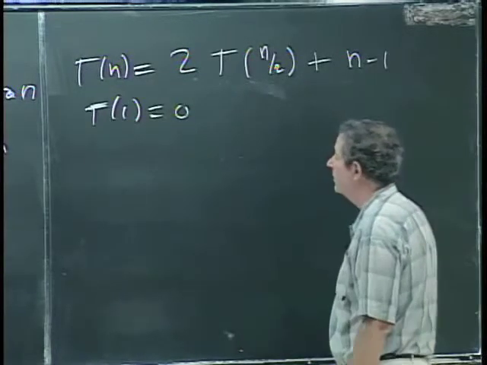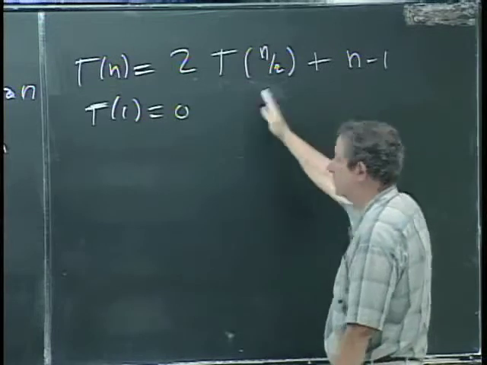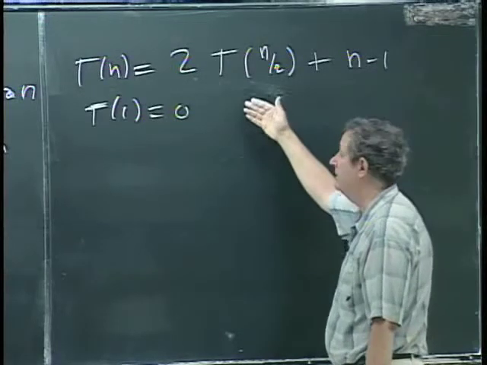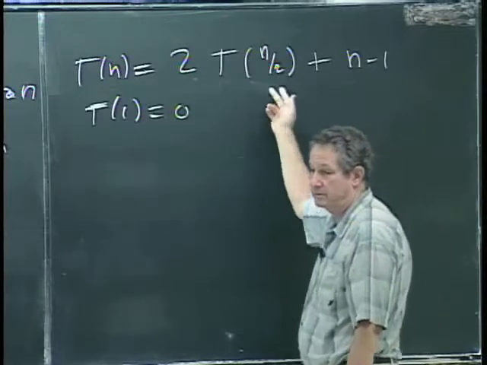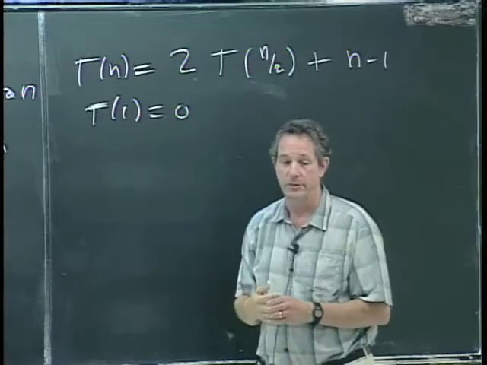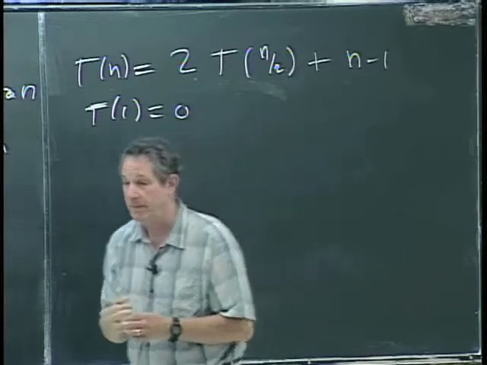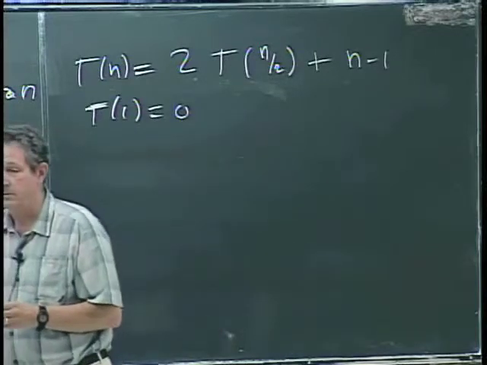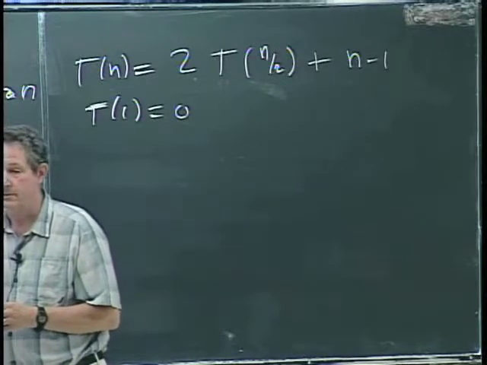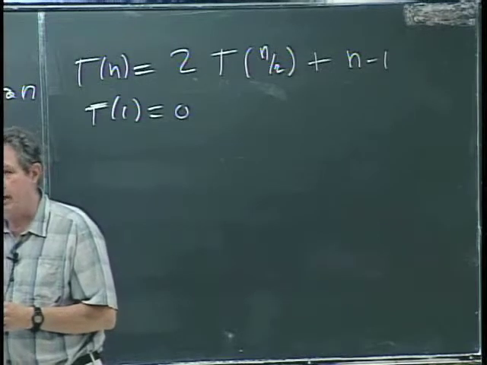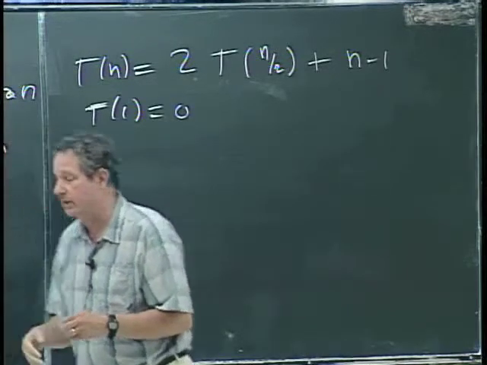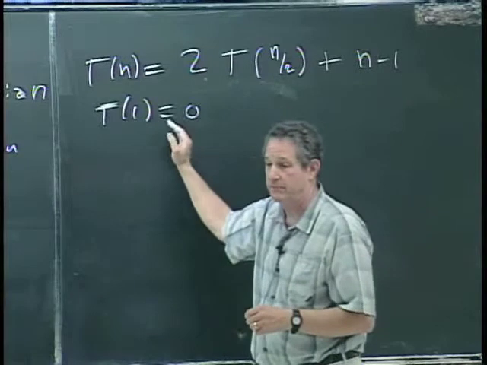So now we have a recurrence relation for T of n. What can you do with this? Write it for all n's and then add it up. Okay, I think you're hinting at how we are going to get a closed form solution, which is a good first thing.